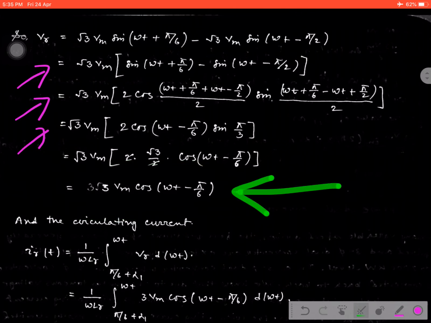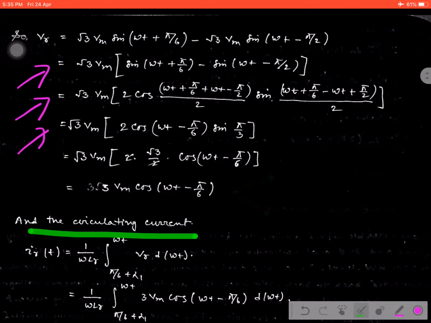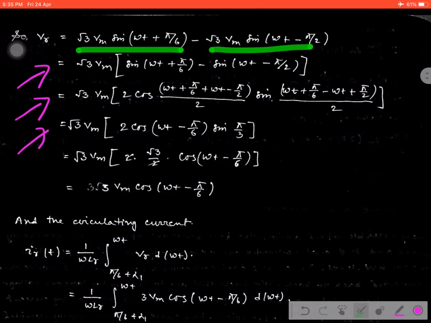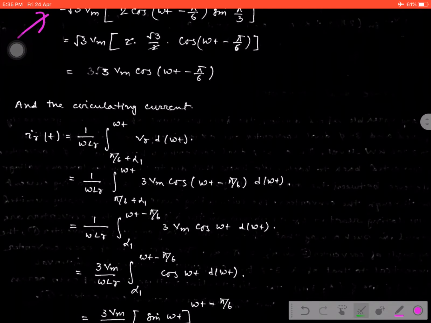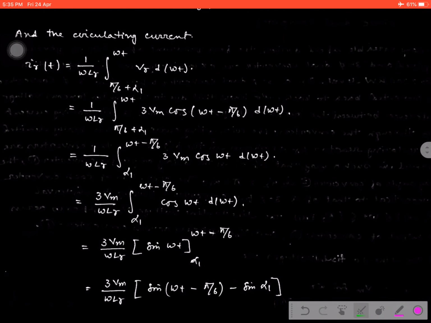Now we are going to calculate the circulating current, and this VR is the difference between VAB and VBC. The circulating current expression across the inductor, iR, is equal to 1 by omega LR times the integration from pi by 6 plus alpha 1 to omega t. Why are we taking this omega t term?